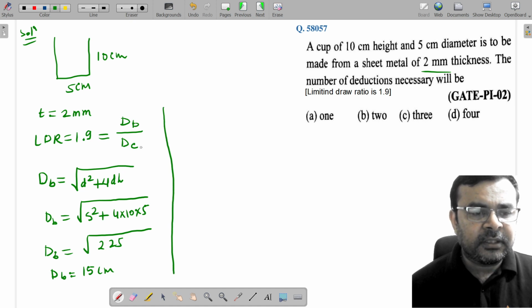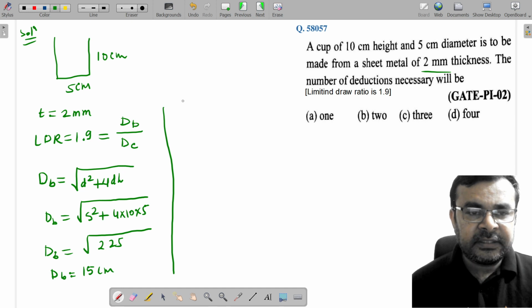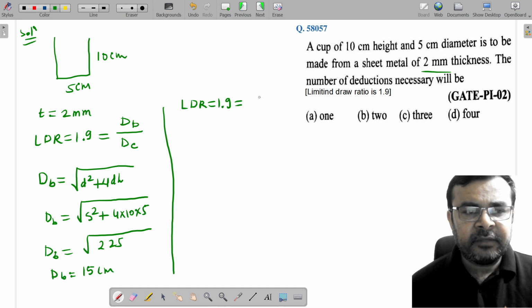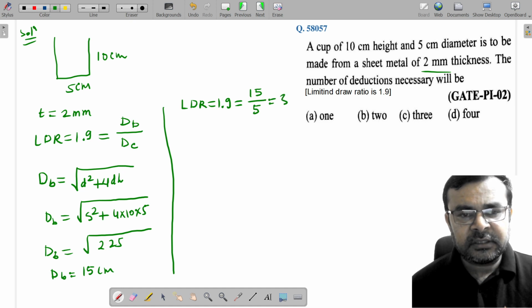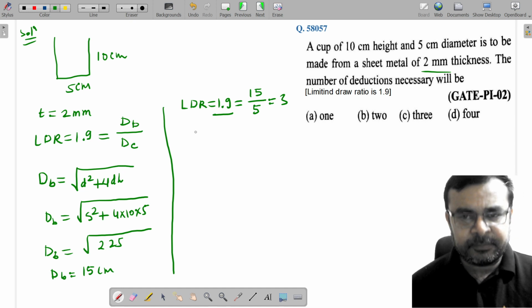This 5 centimeter is the diameter of the punch. Yes or no? Limiting draw ratio is already given here, that is 1.9. And 15 over 5 gives us 3, which is greater than this. The limiting draw ratio tells us how much maximum drawing is possible.